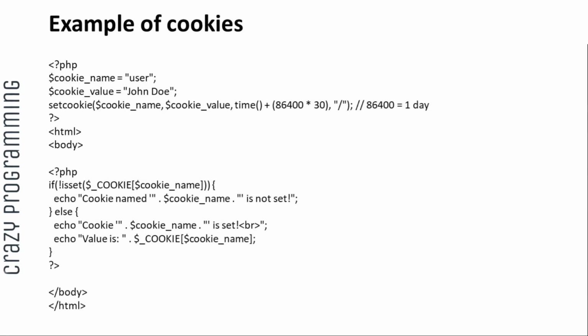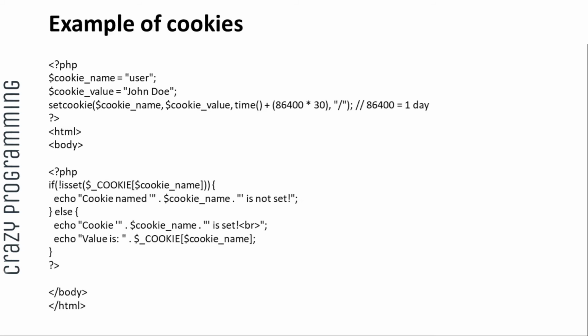Inside this cookie value, that is user, comma John Doe, comma time plus 86400 asterisk 30. Okay, comma inside this slash. So 86400 stands for 1 day, and asterisk 30 stands for times 30, 1 day times 30 like this.